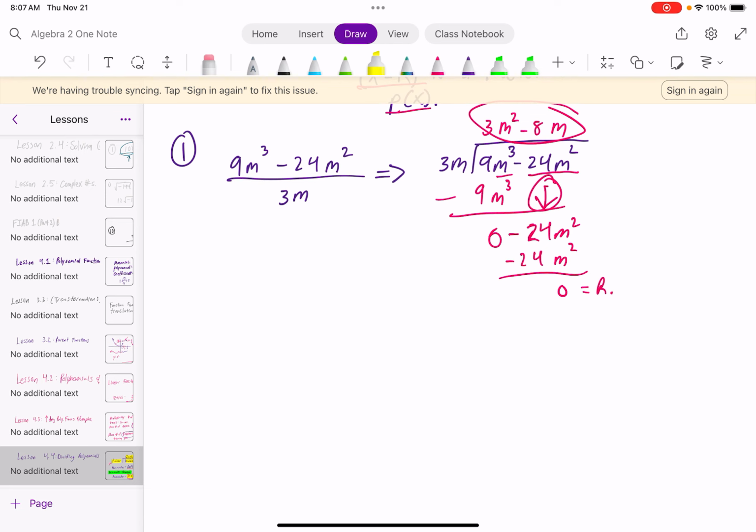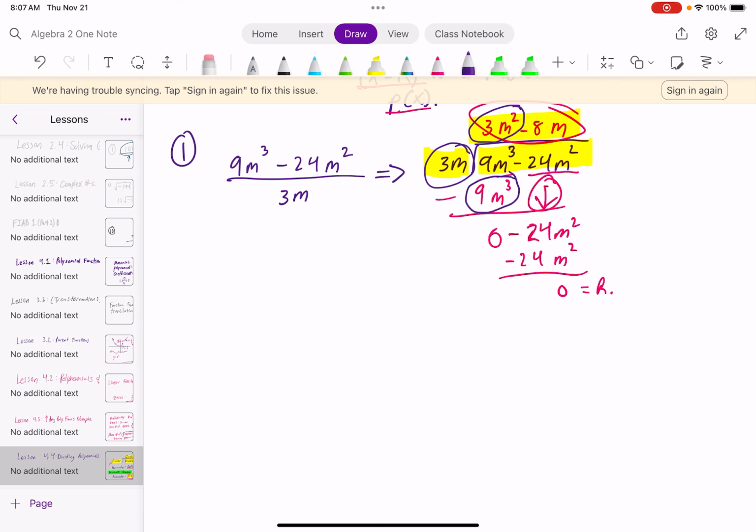Number 1, it says 9m cubed minus 24m squared divided by 3m, and this is going to give you this. How did I get that? Well, 3m times 3m squared would give me 9m cubed.